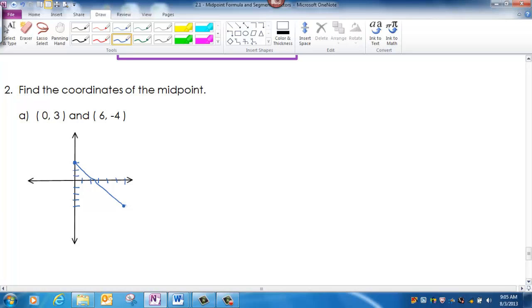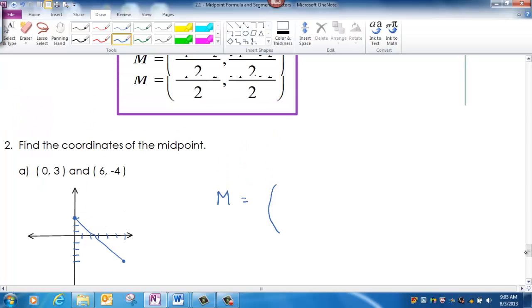Okay, so to find the middle point, to find the midpoint, think about middle as an average. So here is the formula just above here. Okay, so you're going to take an average of the 2 x's. This is my first x coordinate. This is my second x coordinate. You're going to take those 2 x coordinates and find the average.